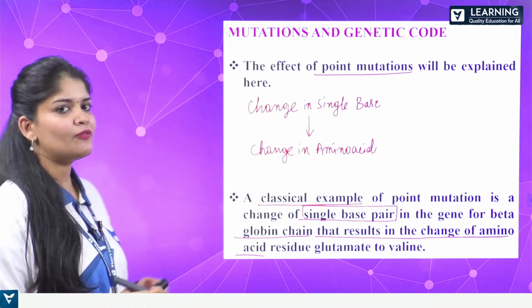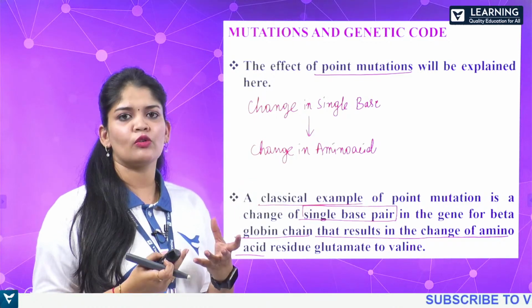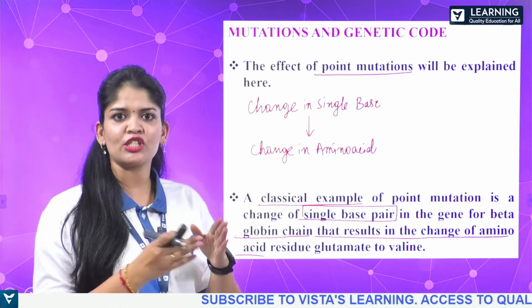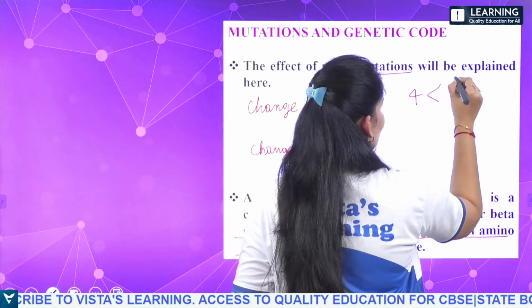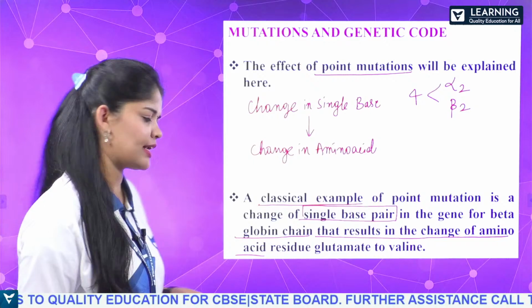If you recall the structure of hemoglobin, we already know hemoglobin is a tetrameric globular protein. It's a pigment which is made up of 4 chains, out of which 2 are beta chains and 2 are alpha chains, right?